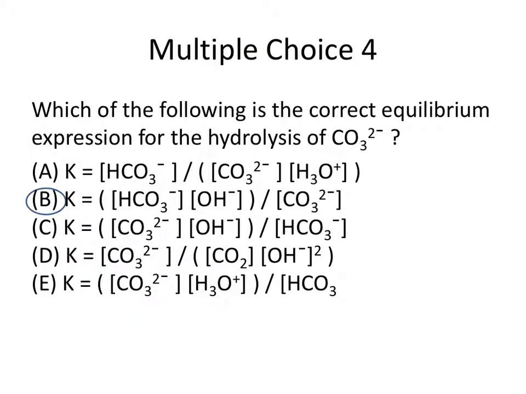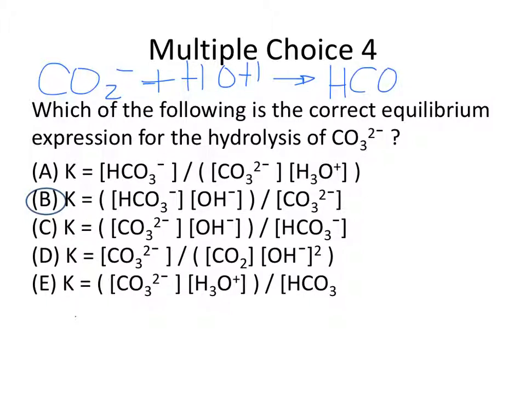Which of the following is the correct equilibrium expression for the hydrolysis of CO3 2 minus? So here's the deal. If you actually wrote the reaction of the hydrolysis, what does hydrolysis really mean? You're adding water to it. So what are you going to get? Very good.